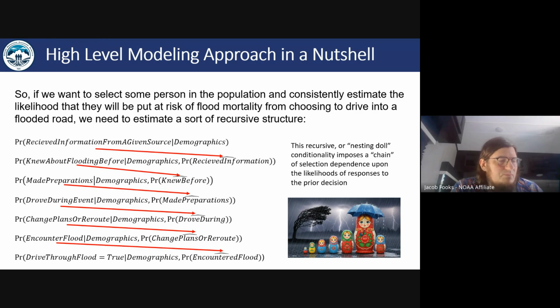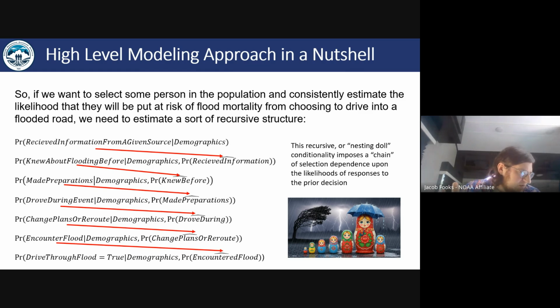The idea here is that for any given person in the population, we want to consistently estimate the likelihood that they will be put at the risk of flood mortality by choosing to drive into a flooded road, right? That's our key idea here. We want to be able to identify people and figure out what their risk is. We also have information on where they're receiving the information from, so we can better understand potential intervention points, this sort of thing, right?